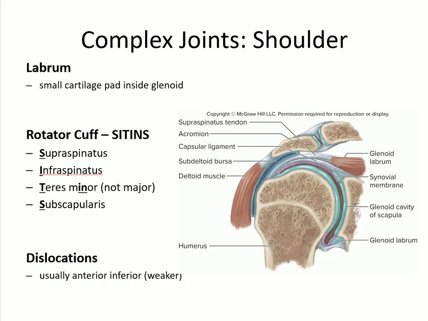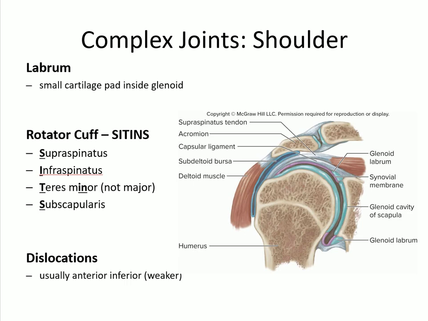Rotator cuff muscles. If you're ever taking a standardized test for anything related to muscles, joints, etc., you're going to be asked to name the muscles that make up the rotator cuff, right? And this is it.